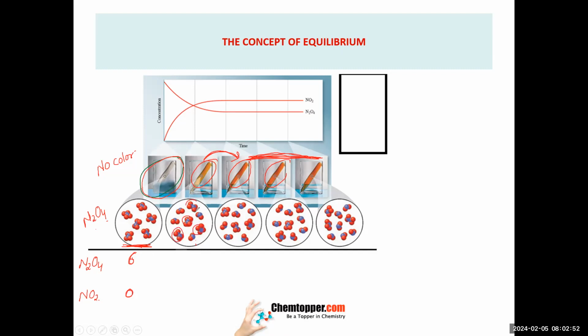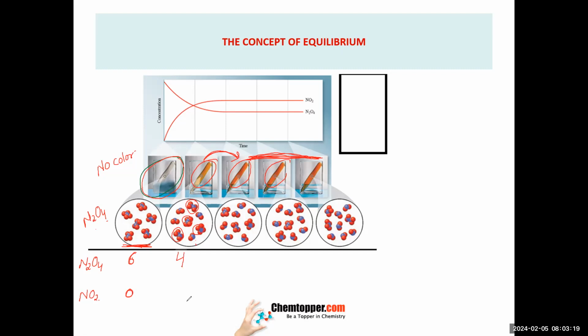How many N2O4 now? Count it. Ashita, Sarayu, can you count it? How many? 4. Yes, Sanjana, good.